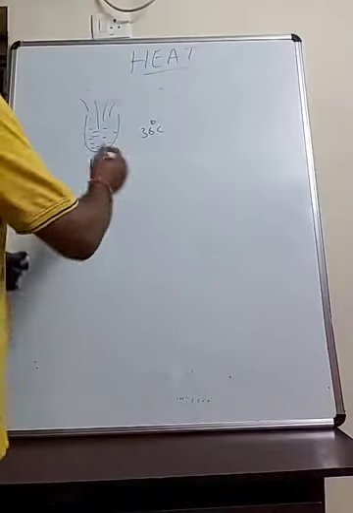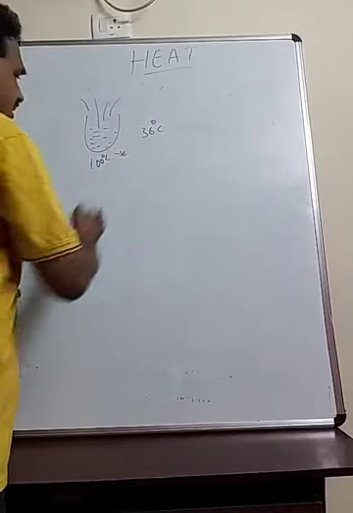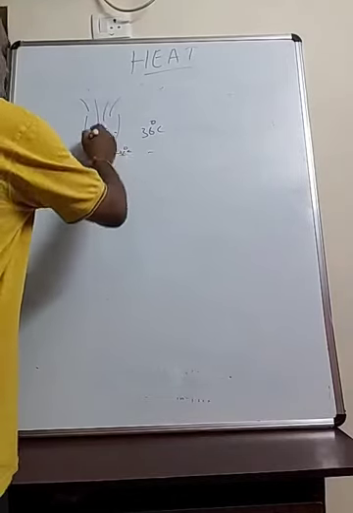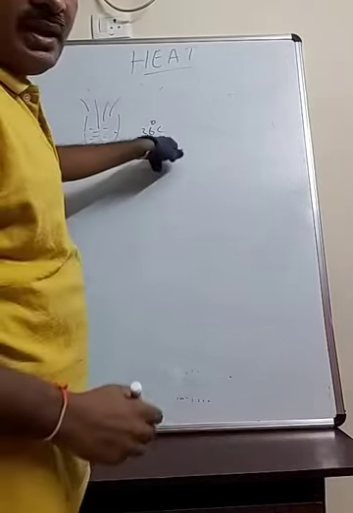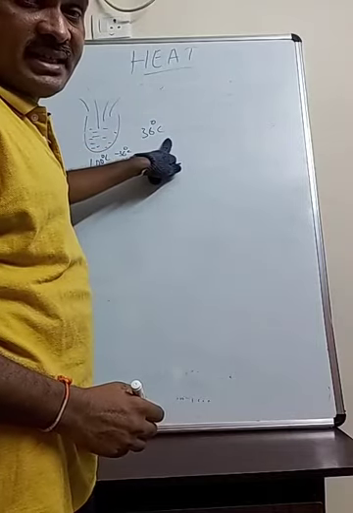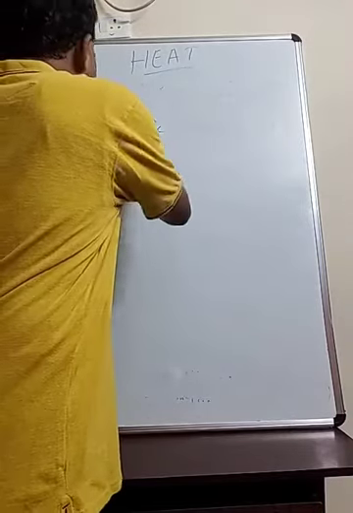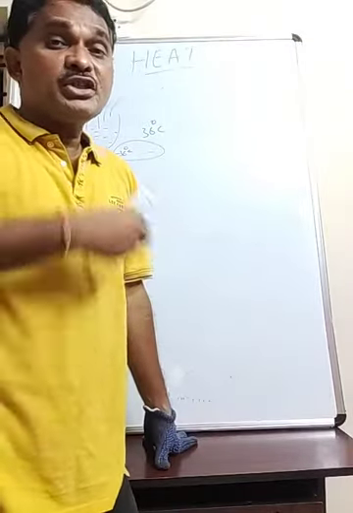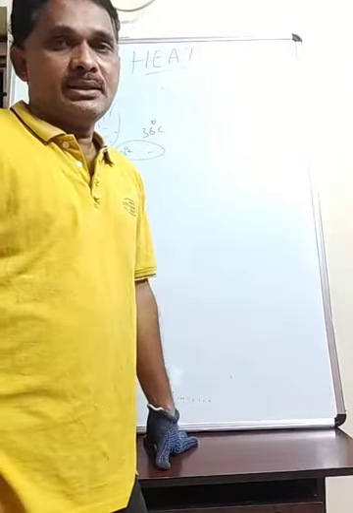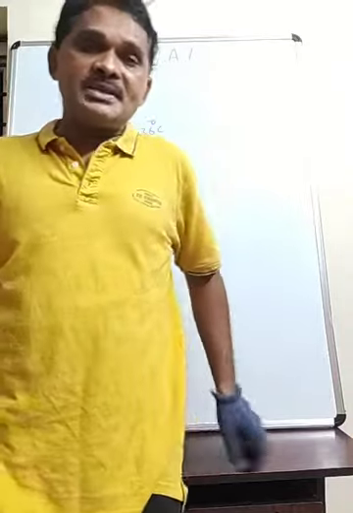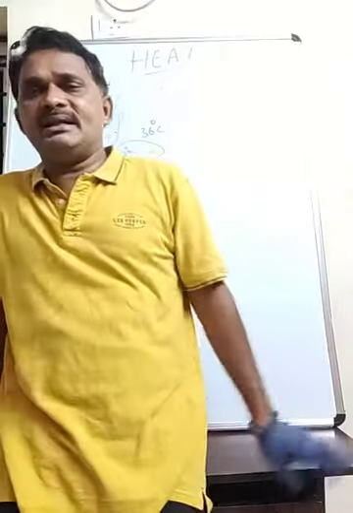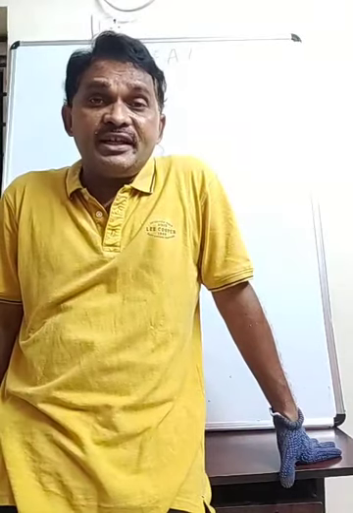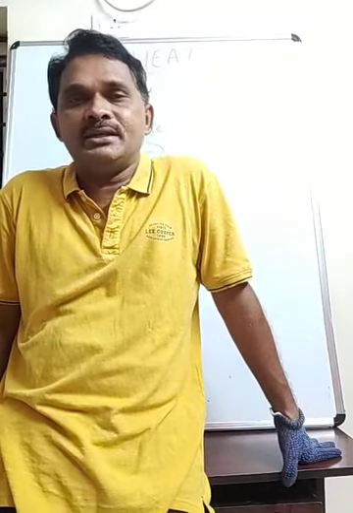Once the coffee reaches 36 degrees, the coffee is at 36 and the atmosphere is at 36 degrees. Both attain the same temperature. That's why there is no transfer of heat. That means at equilibrium state, there is no transfer of heat.